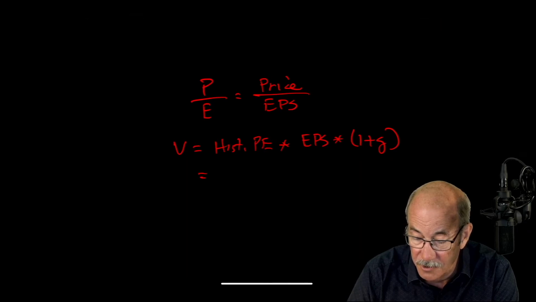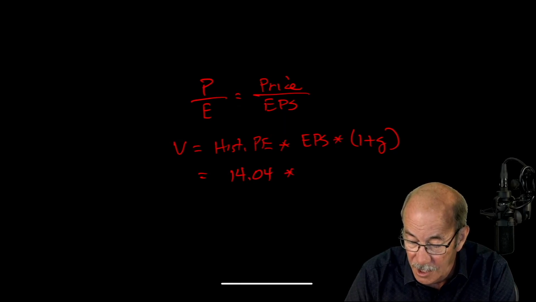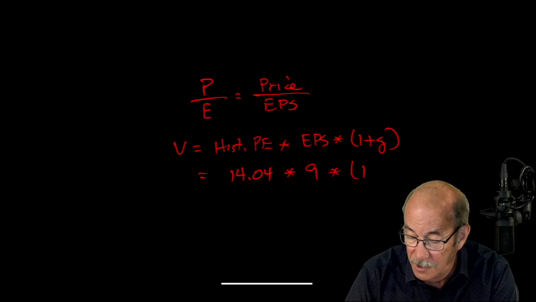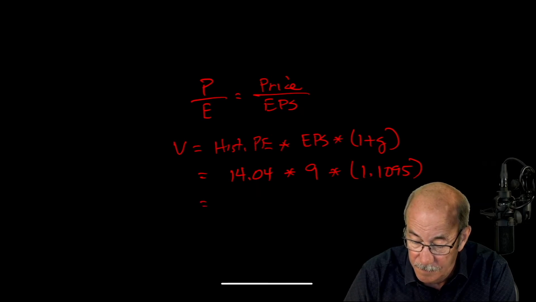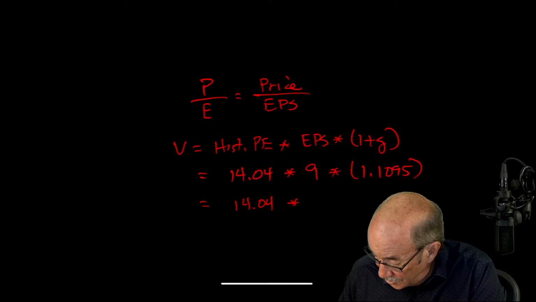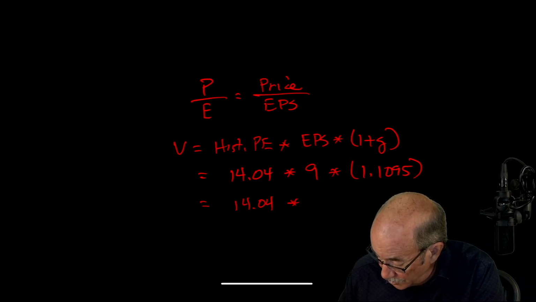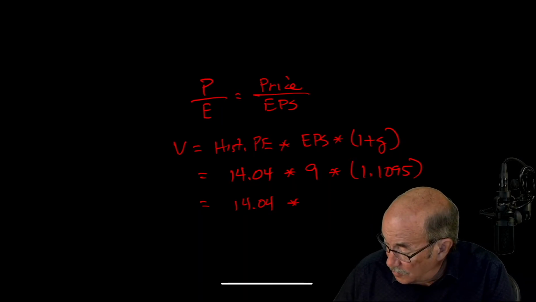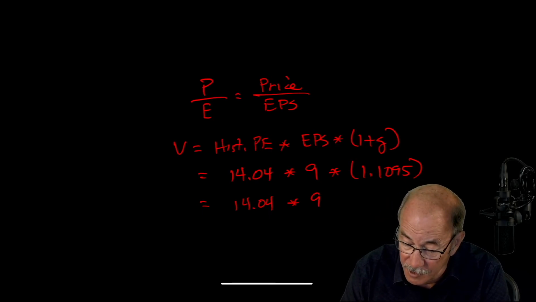And so our historical PE, what do we have there? 14.04, is that right? Times our $9 times 1.1095. So 14.04, and then this becomes 9 times 1.1095. So that's 9.9855.